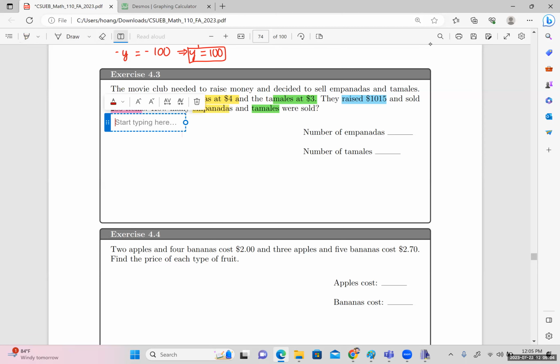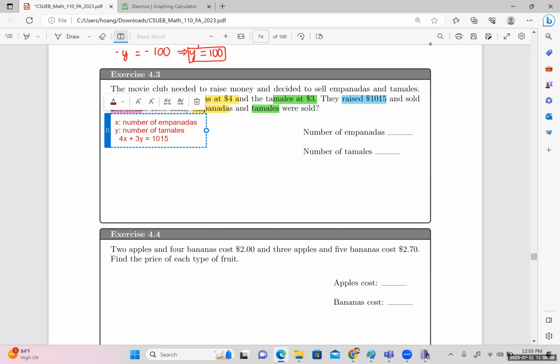So we may just say X is the number of empanadas. Y is the number of tamales. So then we will have 4x plus 3y equal to $1,015 since they raised that, right?